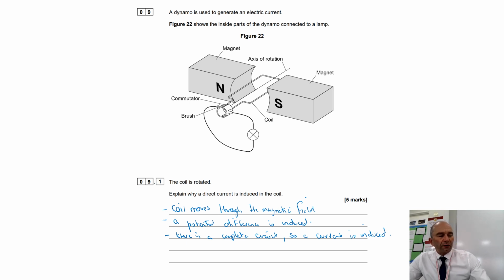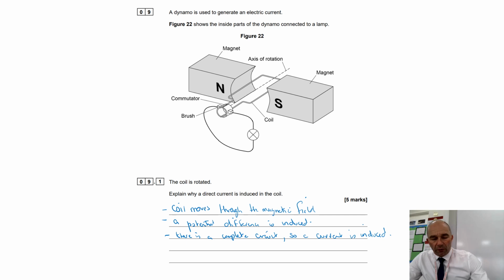Now, because each half turn, the 2 ends of the coil swap from one brush to the other, it means that the direction of the induced current doesn't reverse every half rotation.